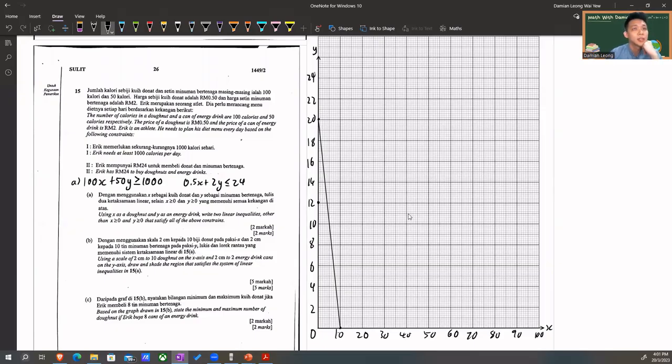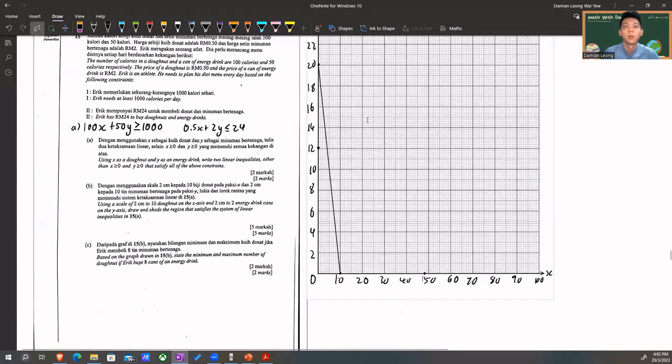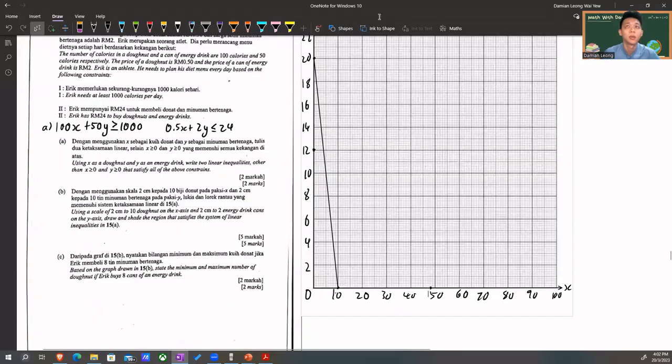If y is 0, 0.5x is 24, divided by 0.5, 48. Y is 0, x is 48. Will be here. So the graph would be basically like this.